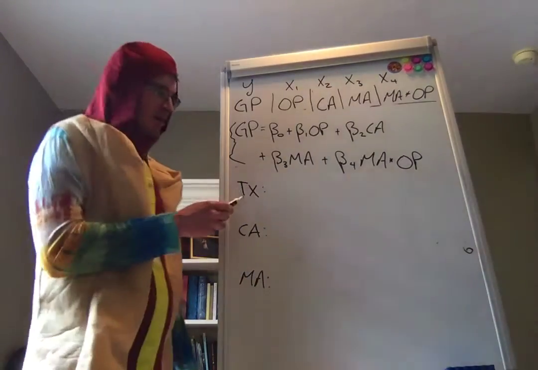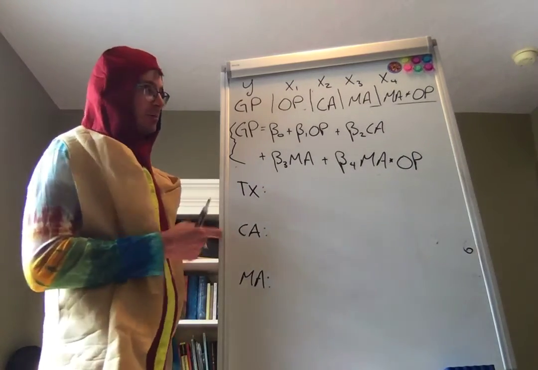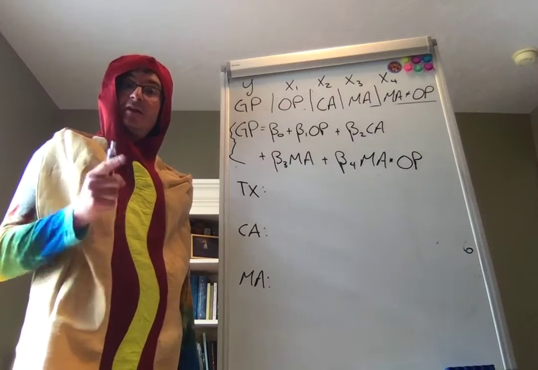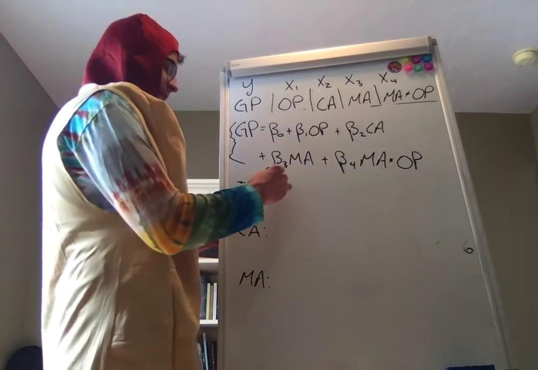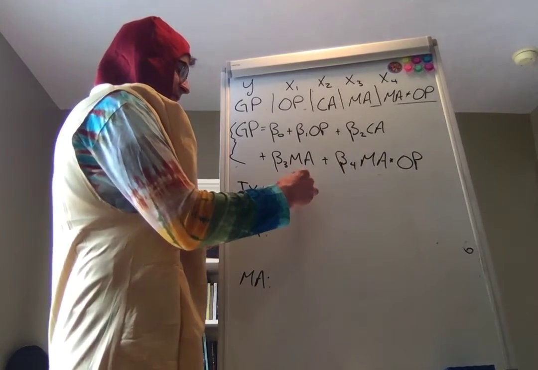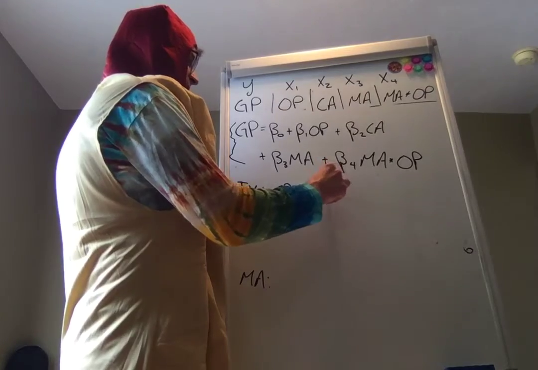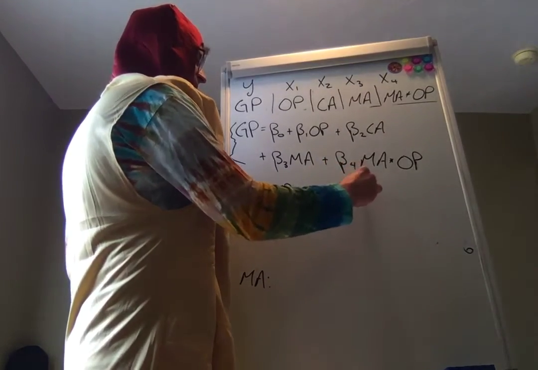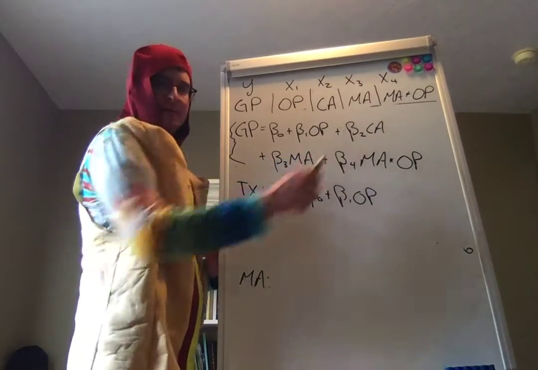Our Texas equation is going to be the simplest one, because in Texas, the variable CA and the variable MA are both 0. So in this equation, I'm going to have gas price equals beta naught plus beta 1 times oil price. California is 0. 0 times beta 2, that's gone.